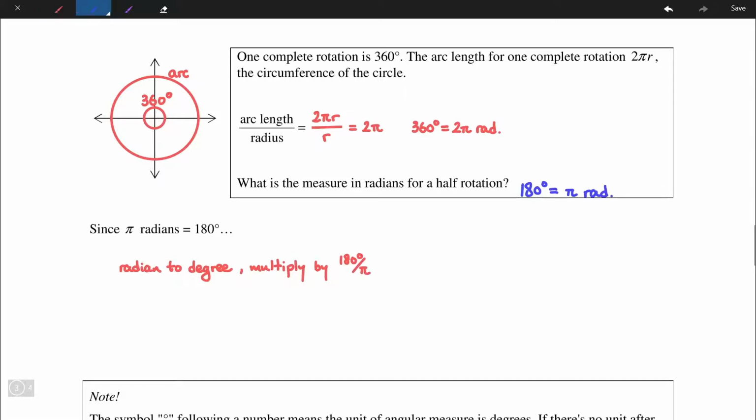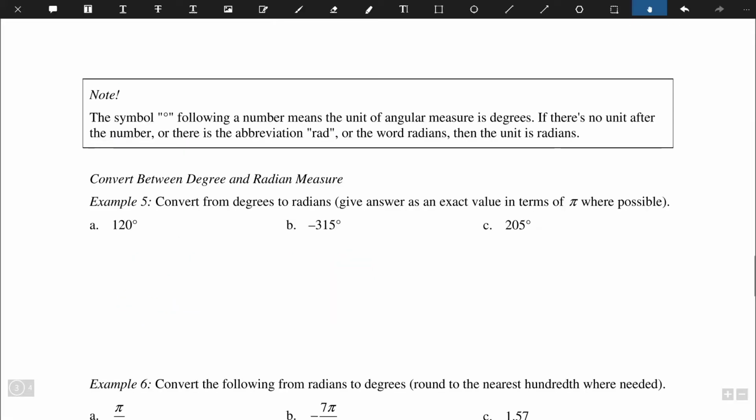Okay, and then from degree to radians, we multiply by pi over 180 degrees. Note that this symbol right here indicates that the angle measure is in degrees. If that symbol is not written, then the angle measure is assumed to be in radians.